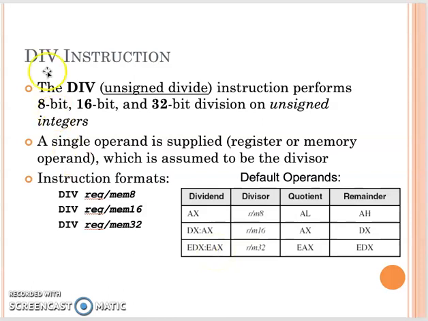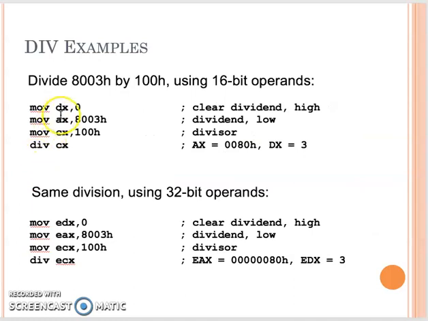Before, with unsigned integer division, we could just copy over a value into DX. If the dividend is only in AX, we simply fill DX with 0, but that's because we were doing unsigned integers.